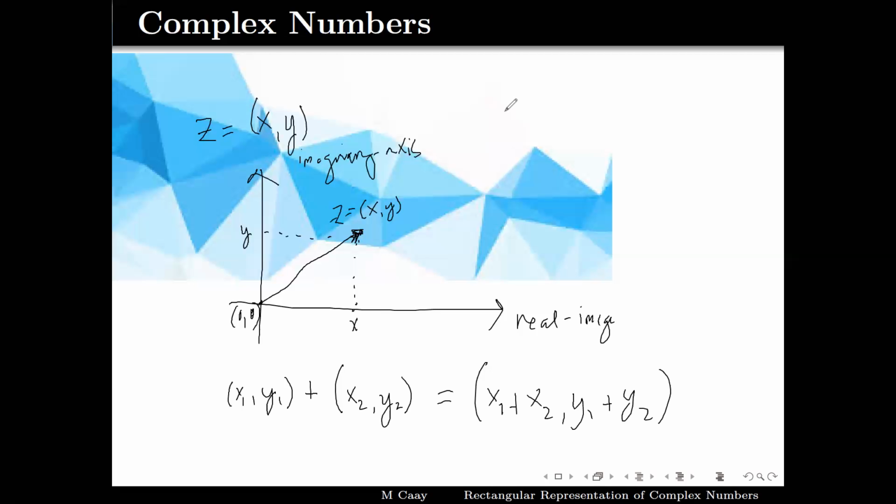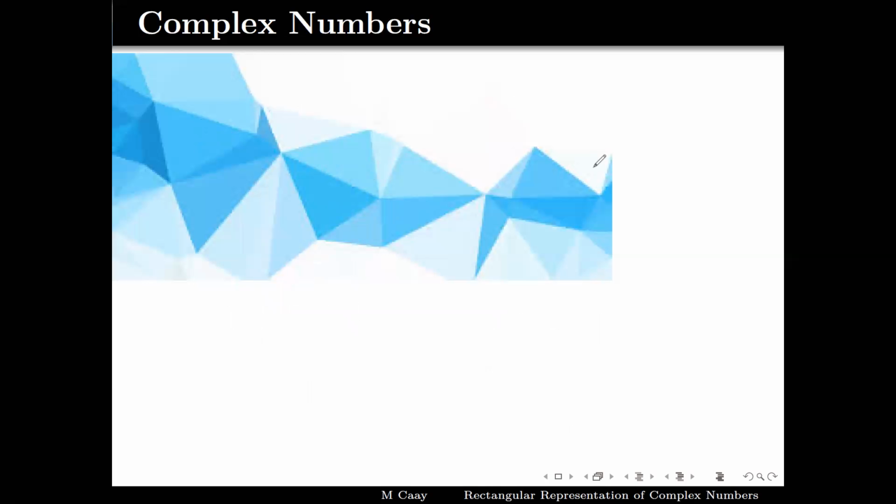So let me show a representation of the vector addition here. Observe that, suppose we have the complex plane here, and let's say you have z1 here and z2 here.